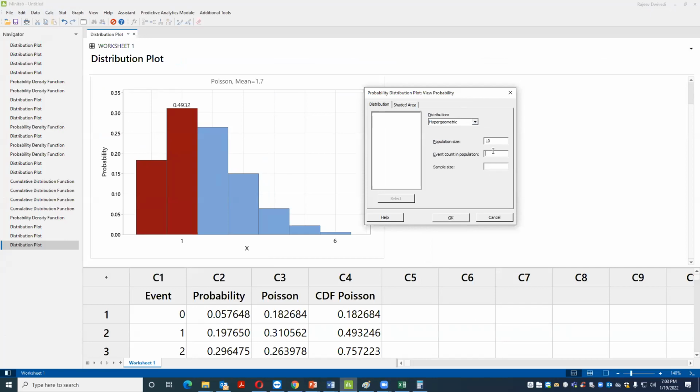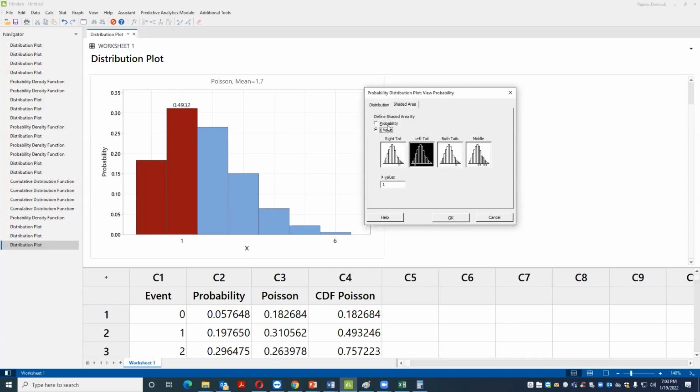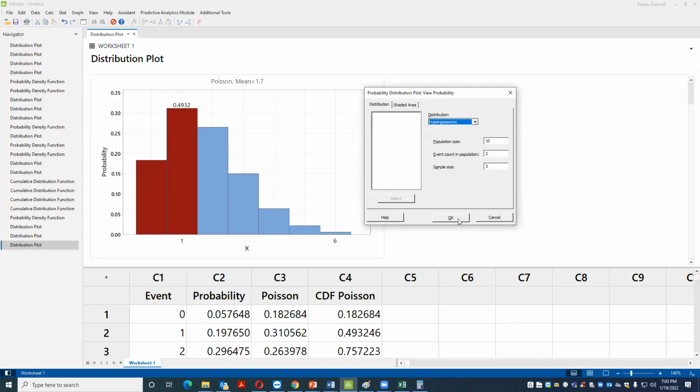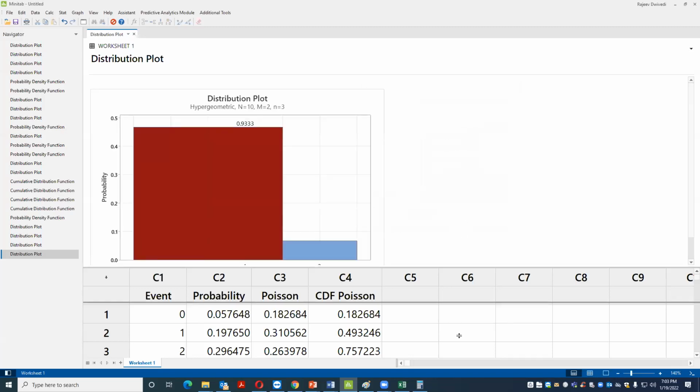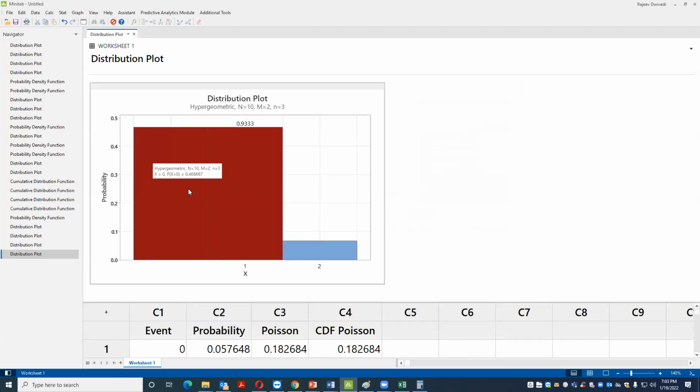Event count in the population: 2 iPods are damaged in the entire 10. You took the sample of 3, I believe. I'm not going to change the shaded area, so that you can see the entire distribution. So N equal to 10, S equal to 2, and n equal to 3.